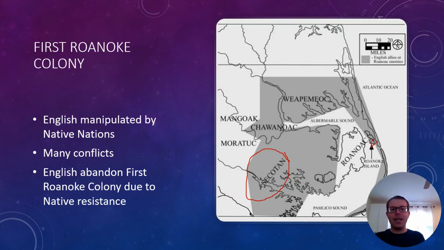And an epidemic of smallpox actually breaks out among the rival Secotans and Roanokes, both of whom interpret the disease as direct action taken by the English against them.